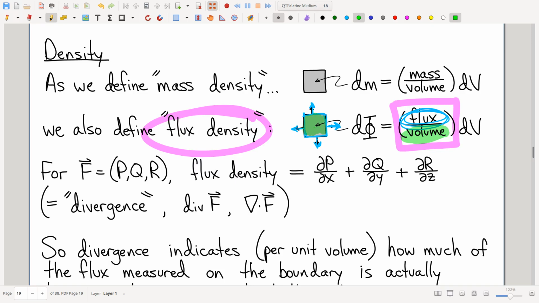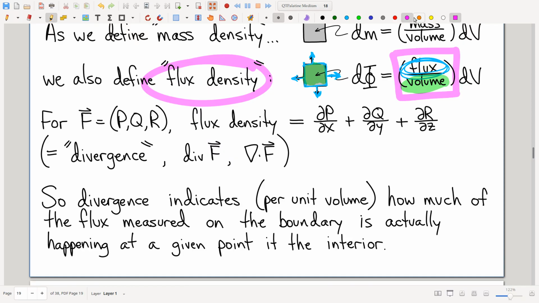Imagine a little three-dimensional volume here. But if you have a little three-dimensional volume, you can talk about the outward-oriented boundary flux. You can divide by the volume. That's what we call flux density. And that goes by several different names and notations. Divergence, or flux density. Div, of course, is an obvious abbreviation of divergence. Del dot, of course, we talked about back in chapter 3. Convenient, very common notation. You're going to see that a lot. And here's the formula for it.